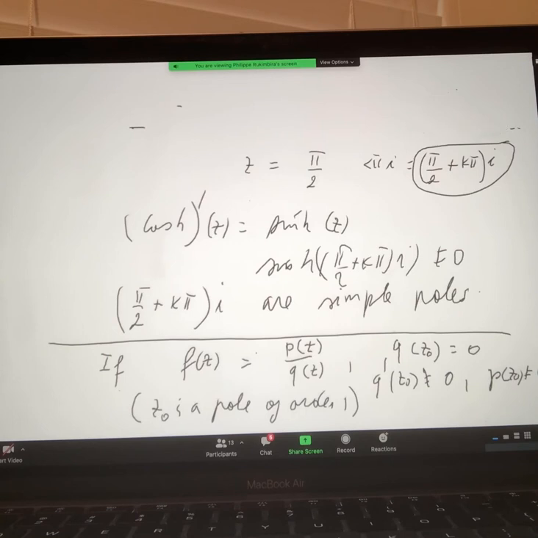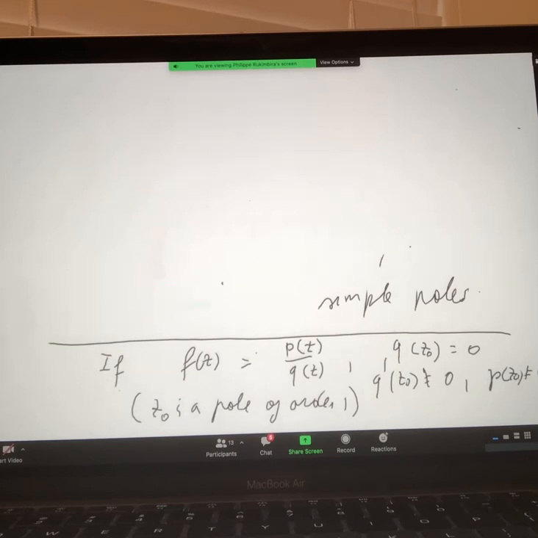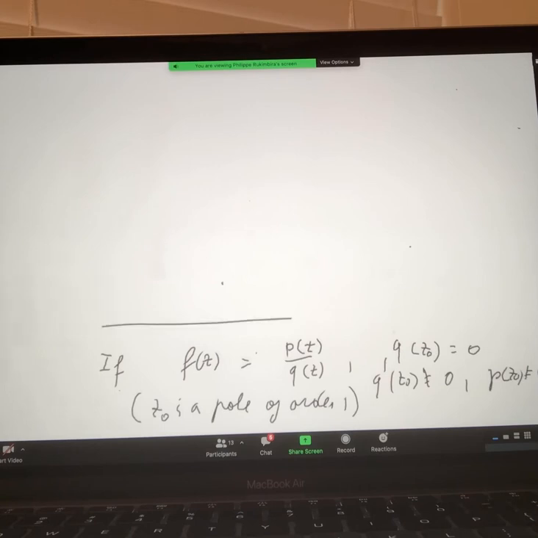Remember those poles, we're going to use them later. We're going to compute the residue soon. Very importantly, under these conditions, the residue at Z0 of this kind of function is really P of Z0 over Q prime of Z0.